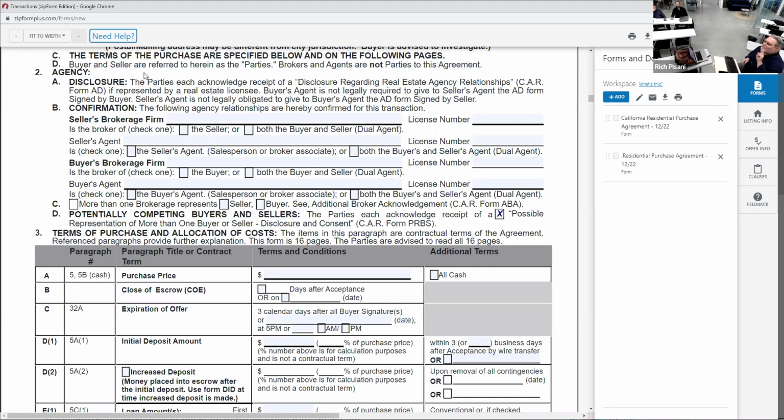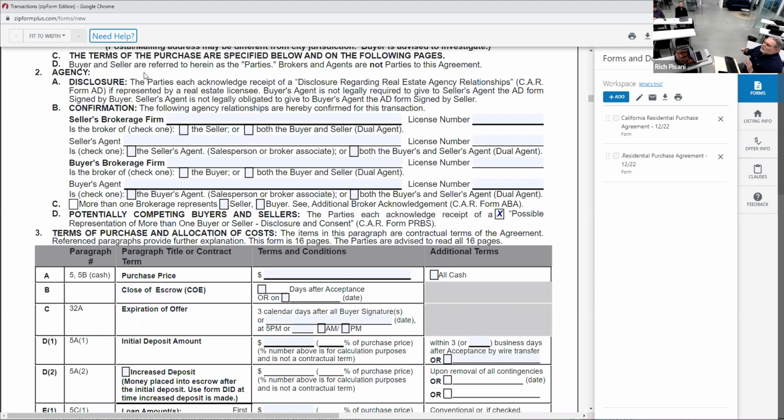You have to disclose to your client what agency is. Like there's a buyer's agent who represents just buyers, or there's a seller's agent that represents just sellers, or there is a dual agent. So that's the first part of the law, is you have to explain to the buyer or the seller what agency is. The second part of the law is agency confirmation, and that's who is representing who.